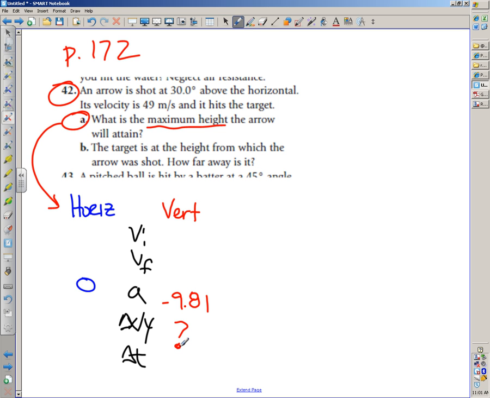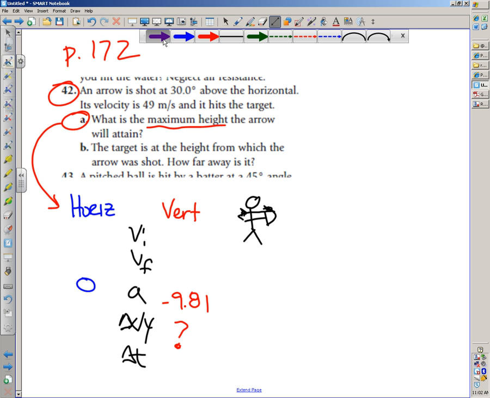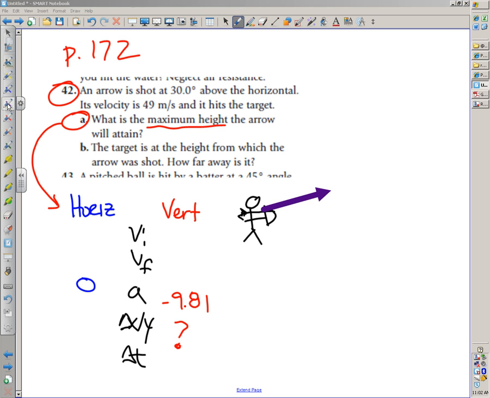So, picture, right? There's like that, right? So it says that this arrow is shot like this, yes? And it tells us that it has a velocity of 49 meters per second, and it's shot at an angle of 30 degrees.